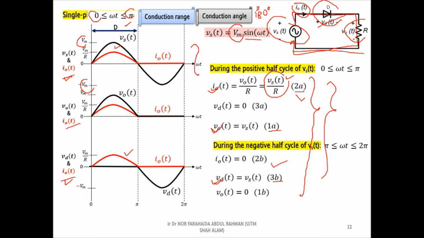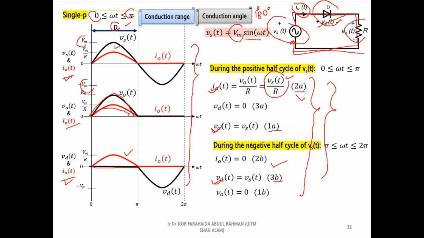Based on the complete waveforms, we can see that diode D can conduct current with 0 voltage drop during the positive half cycle of the supply voltage. Furthermore, since current can flow to the load, we also have the output voltage waveform.